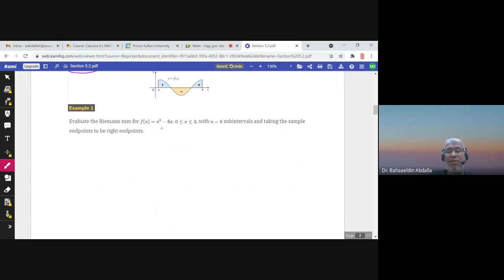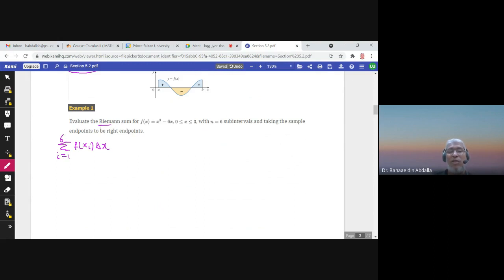Evaluate the Riemann sum for this function from 0 to 3. So what is the Riemann sum? It is the summation of f of x i times delta x, using n equals 6, so i here would be from 1 to 6.